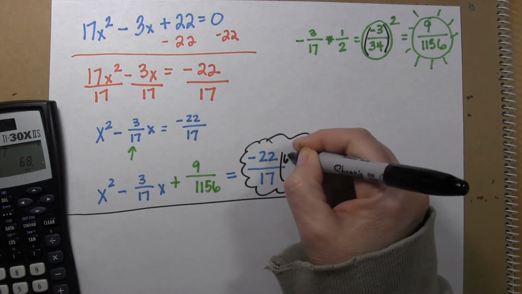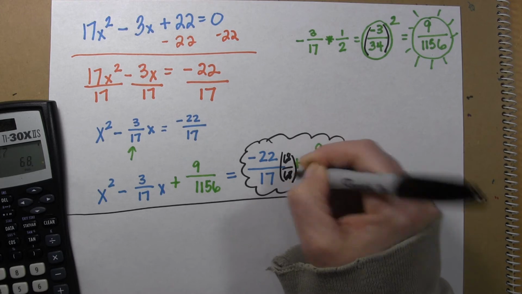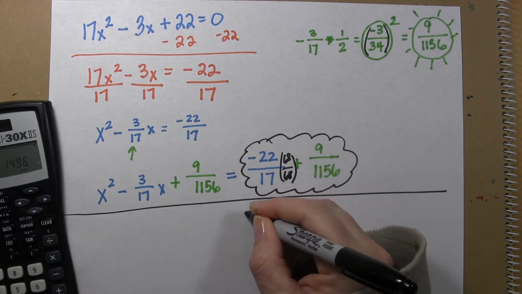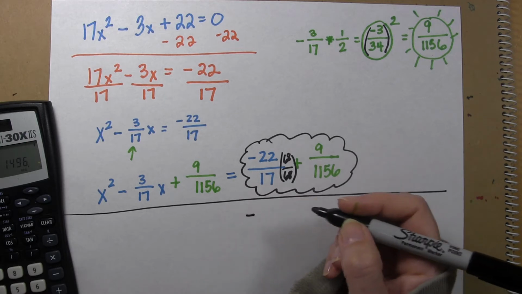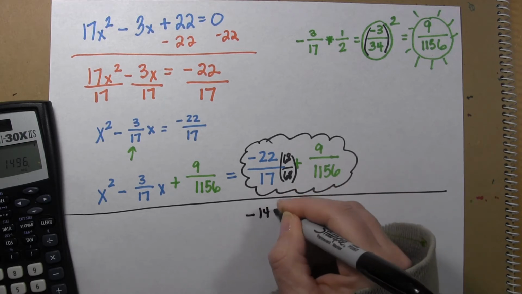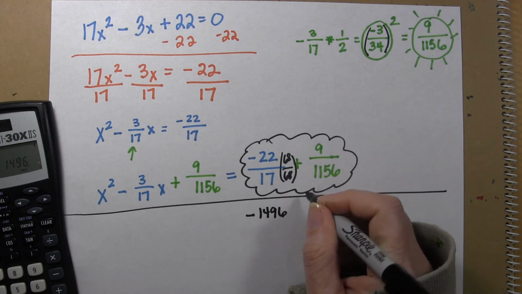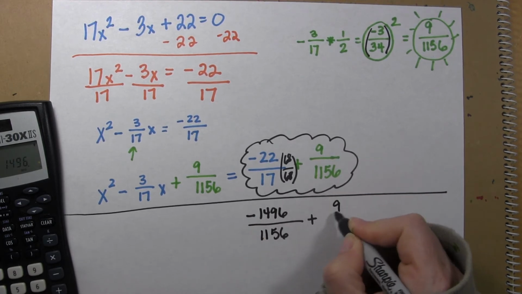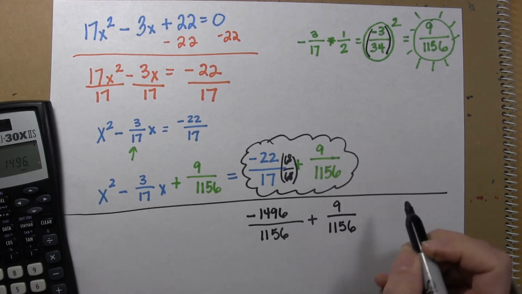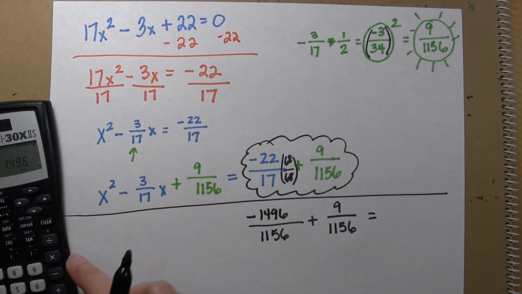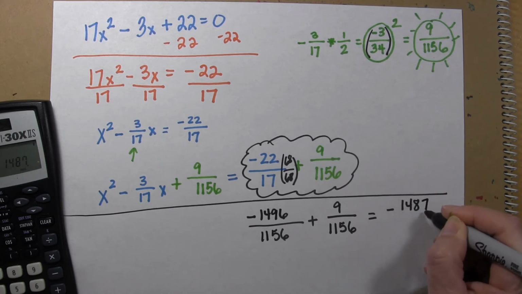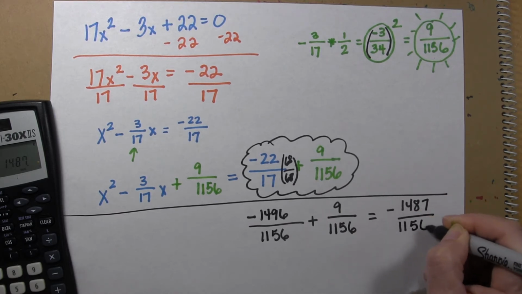So I'm going to multiply this by 68 over 68. So 22 times 68 is, so we get negative 1496 over 1156 plus 9 over 1156. So that's going to equal negative 1487 over 1156.